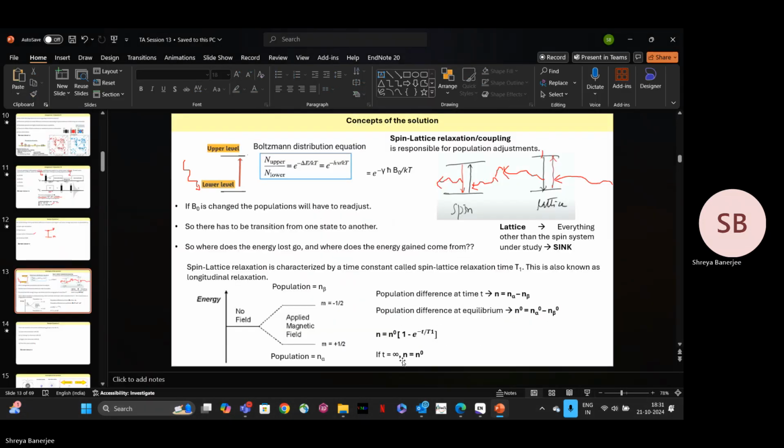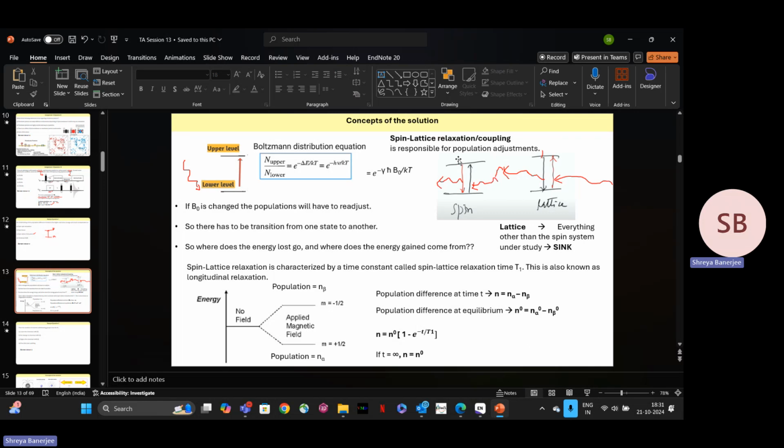You can see that if t is infinity in this equation, the population difference is the equilibrium population difference. So as long as there is a population difference, you will get an NMR signal.